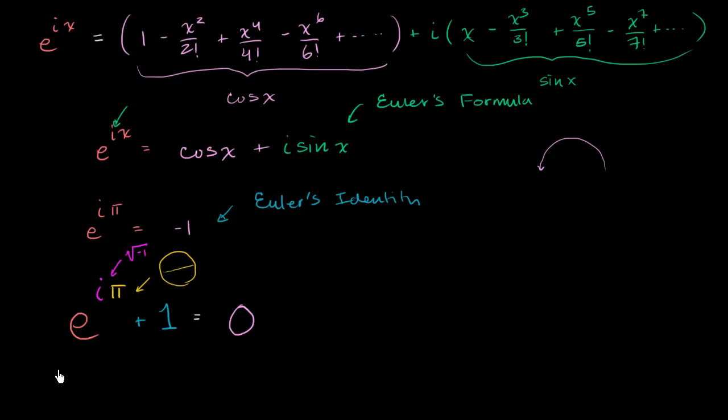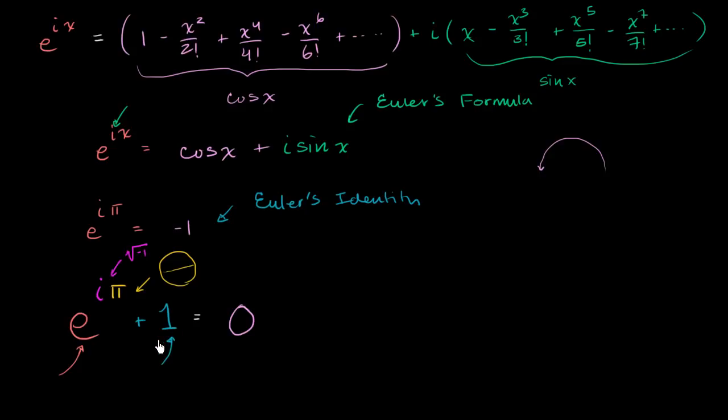e comes from a bunch of different places. You can think of it as coming out of continuous compounding interest, super valuable for finance. It also comes from the notion that the derivative of e to the x is also e to the x, so another fascinating number, but once again seemingly unrelated to how we came up with i and pi. And then, of course, you have some of the most profound basic numbers right over here.